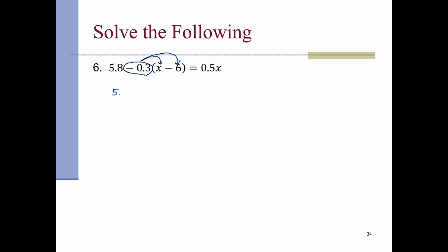So the 5.8 is not being distributed. That's just continuing. Negative 0.3 times x will be negative 0.3x. And then negative 0.3 times negative 6. Two negatives make a positive, so that will be positive. And you're welcome to use your calculator to do that math, 1.8.